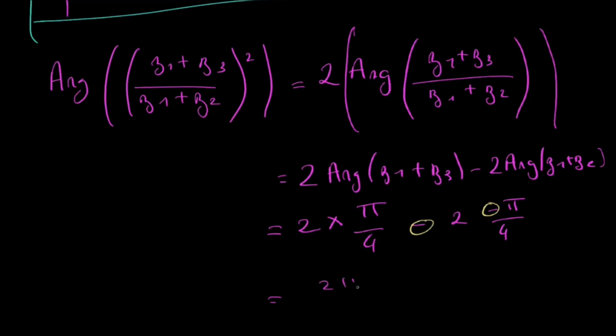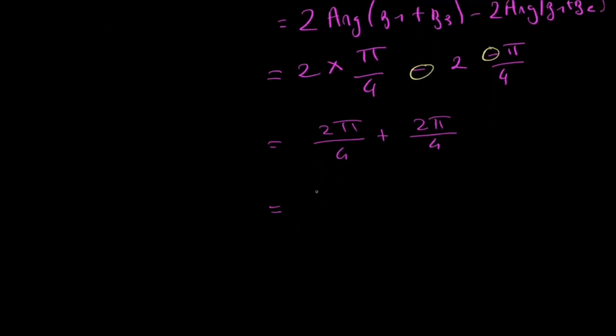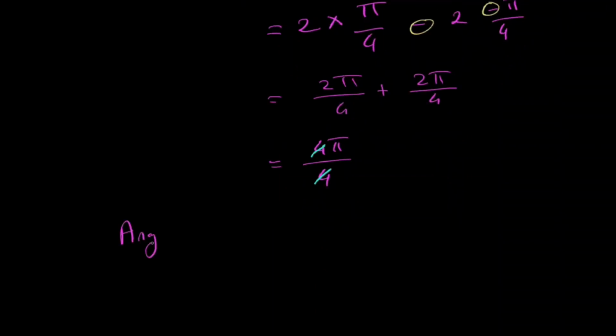So pi over 4 plus 2 pi over 4. We have 4 pi over 4. We can cross out 4 here. So the argument of z1 plus z3 over z1 plus z2 square equal pi.